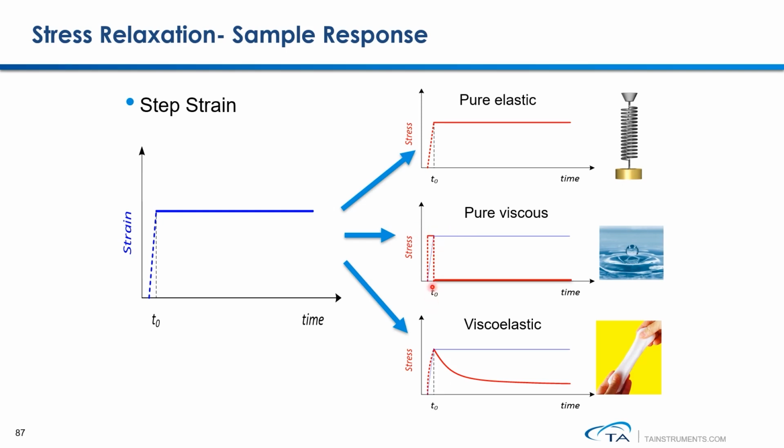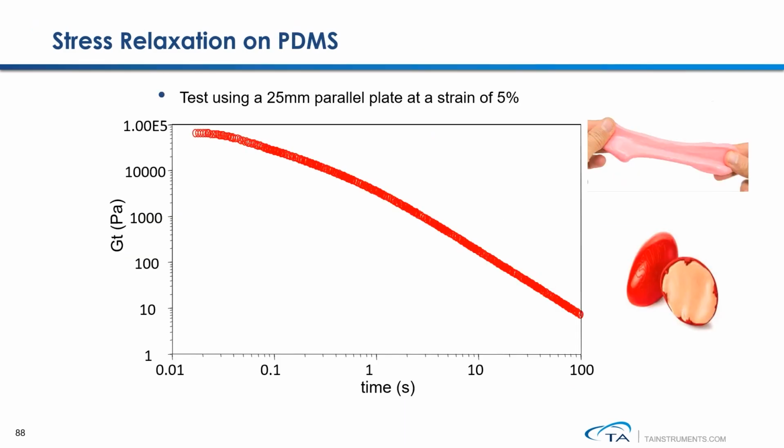If you perform stress relaxation on a viscoelastic material, such as silly putty, the stress relaxation curve will look like this. If this polymer is linear, eventually the stress over time will relax down to zero. Here is an example showing the stress relaxation test results on a linear polymer, polydimethylsiloxane.